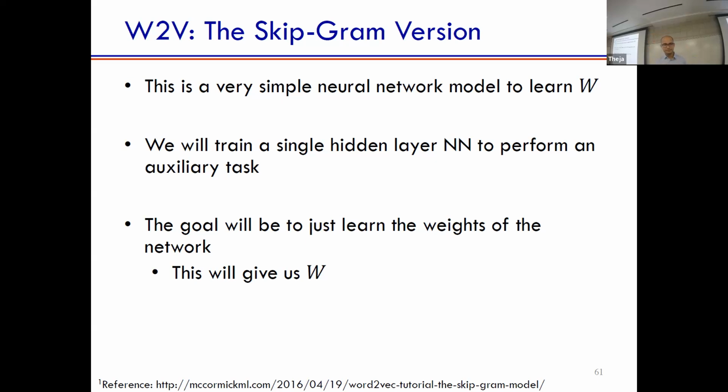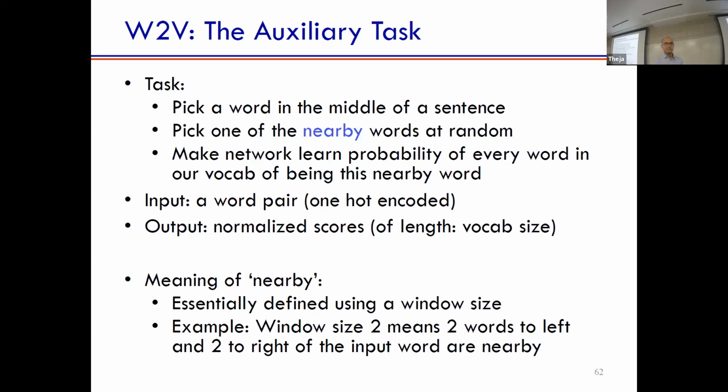So let's first talk about the task. The task is very similar to the example task we were discussing before. You have a sentence. Now we're not talking about a sequence of 5 words in Wikipedia. Let's say you have a full sentence, maybe with 10 words. You pick a word. It doesn't have to be in the middle of the sentence. Then you pick one of the nearby words at random.